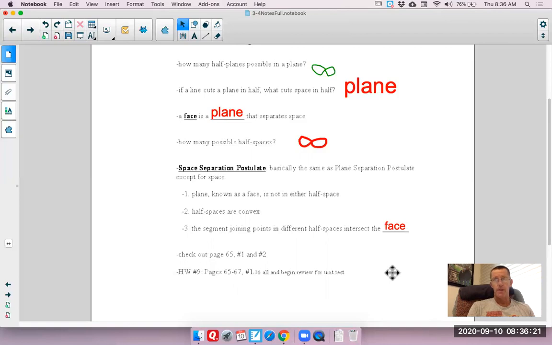C, is a circle a convex set? Careful. Did they say circular region? Did they say interior of a circle? No, they didn't. They said circle. So the answer would be no, it's not convex. It's concave, because we're talking about only the points on the circle.